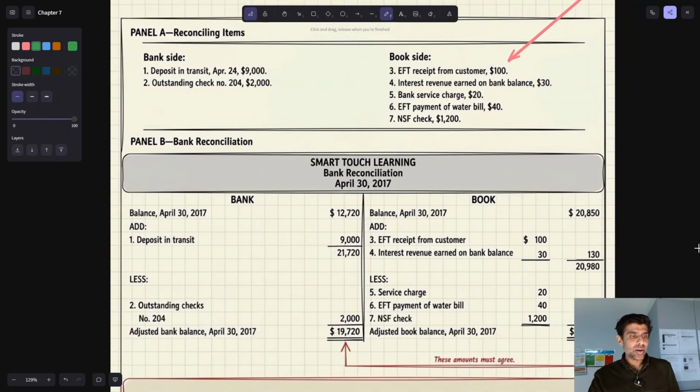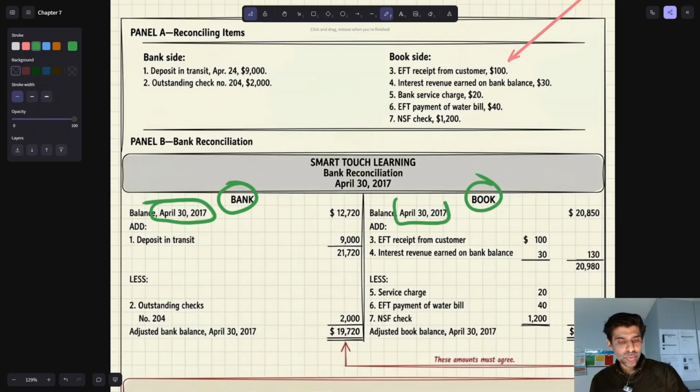Okay. So as you can see, there are two sides, bank and book. What you're doing here is starting with the ending balance that each of these says, as of April 30th. So we're now at the end of the month. We're taking the ending balances and reconciling them together.